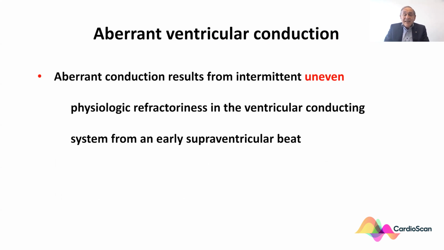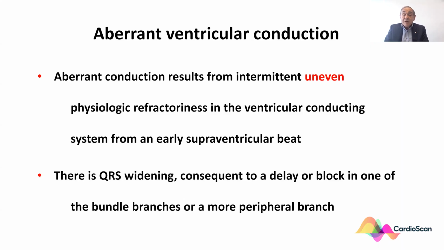Aberrant conduction results from the intermittent, uneven physiologic refractoriness in the ventricular conducting system from an early supraventricular beat. There is QRS widening consequent to a delay or block in one of the bundle branches or a more peripheral branch.